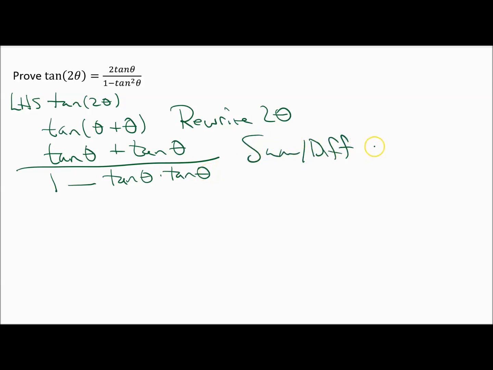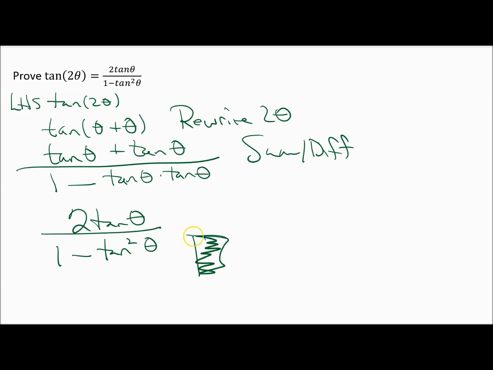This, of course, is the sum for tangent. Now I've got like terms in the numerator, so that's going to be 2 tangent of theta over 1 minus tangent of theta times tangent of theta is tangent squared of theta, and bingo, there we go. We've got our identity.